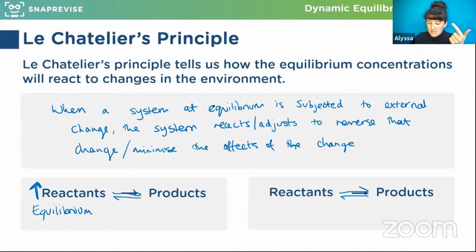And you have to say something about the system adjusting or the equilibrium adjusting to reverse the change or to minimize the change. As long as you say those 3 things, you will get all your marks in the exam. If you want to memorize an exact definition, then please feel free to have a look at your textbook. It might provide you with one that you can learn rote by rote, or learn one like this, because this should get you all the marks.